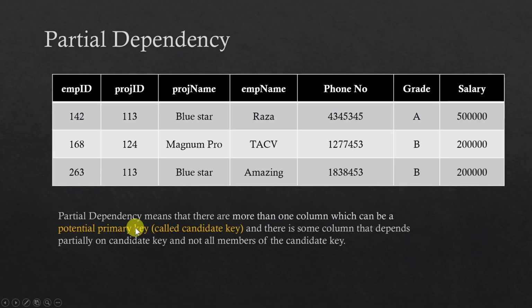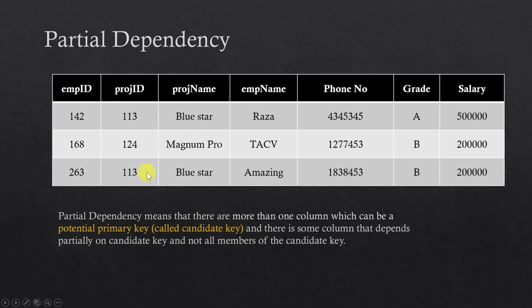Partial dependency means that there is more than one column which can be a potential primary key, and they are called candidate keys. So any column which has the potential to become a primary key is called a candidate key.